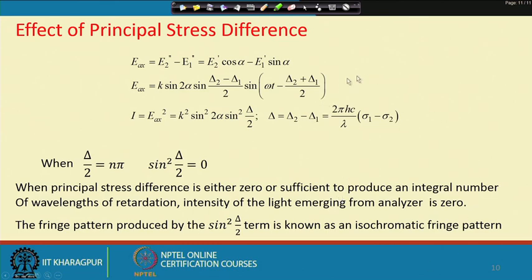Now, for this isochromatic fringe pattern, if you pass monochromatic light into the body, then we can get very sharp and very clear fringes. If we count the number of fringes, then we can find out the principal stress.